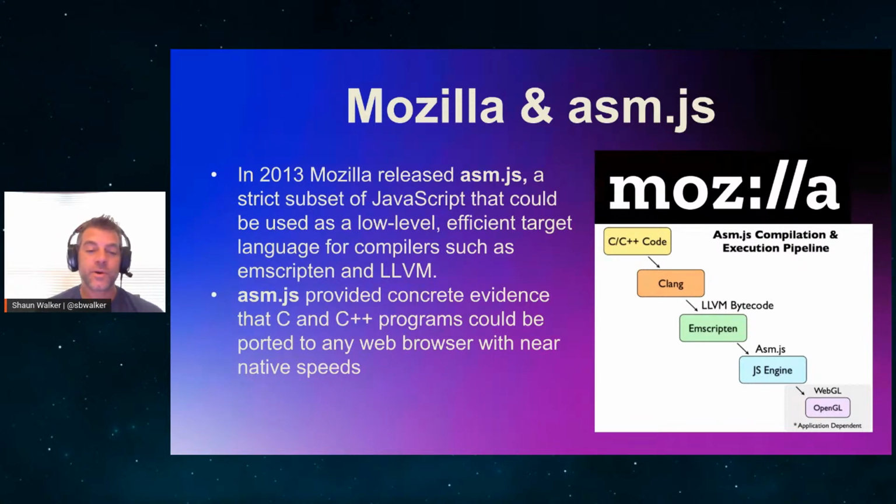Using this approach, they were able to demonstrate that you could run C and C++ applications natively in the browser using the ASM.js JavaScript engine to accomplish that.